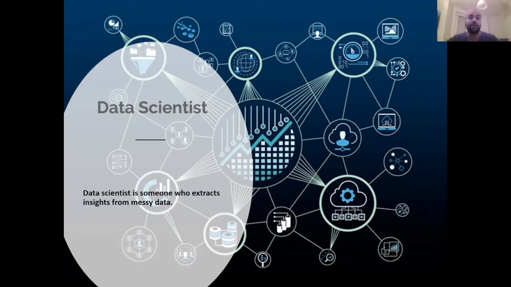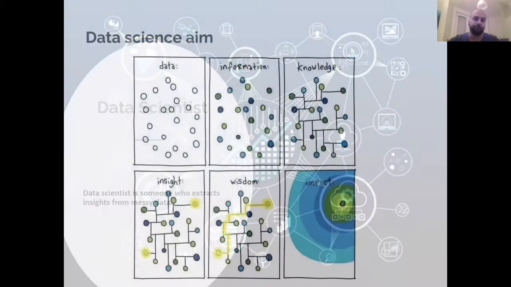The information comes sometimes in a messy form, and some in a more structured way, but it needs processing in order to extract the value and the insights, the knowledge that is hidden.